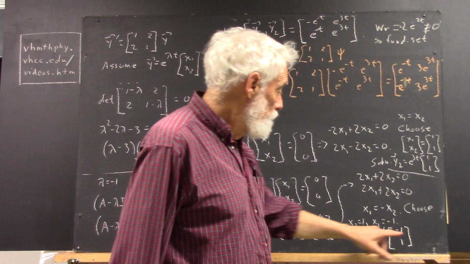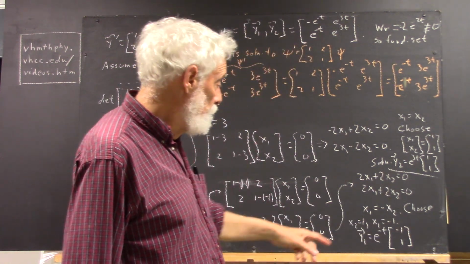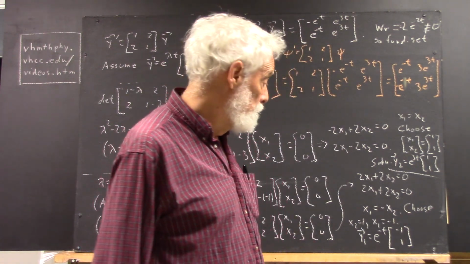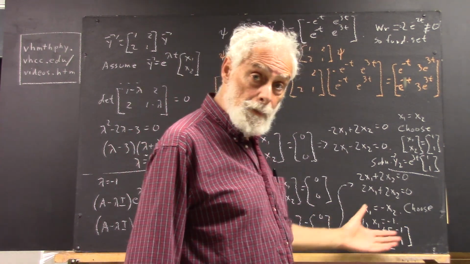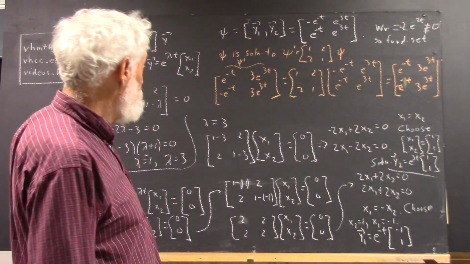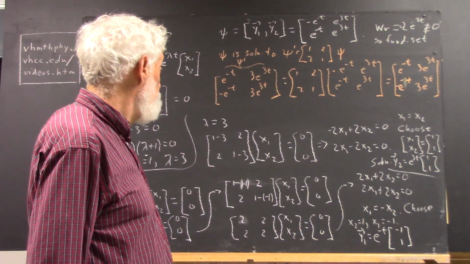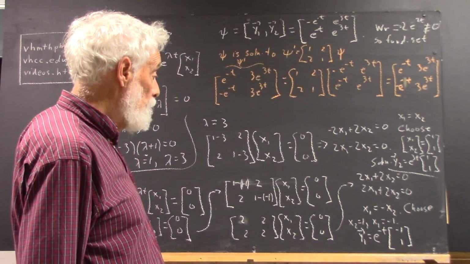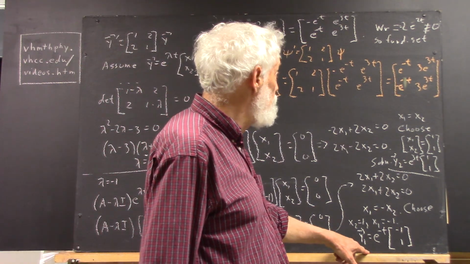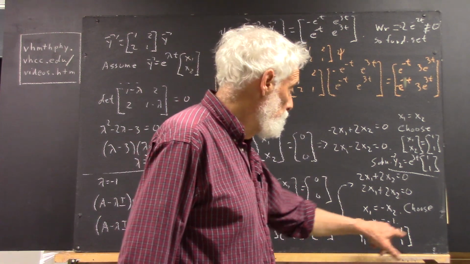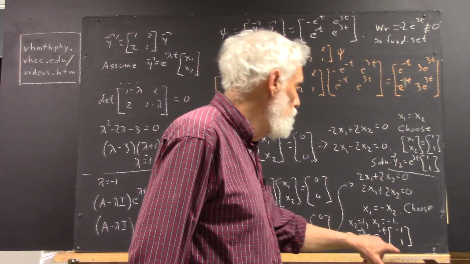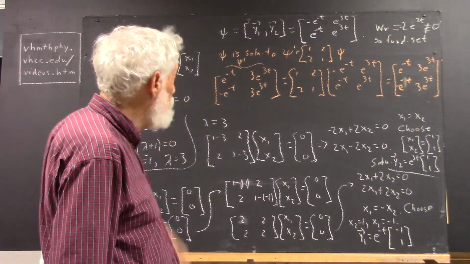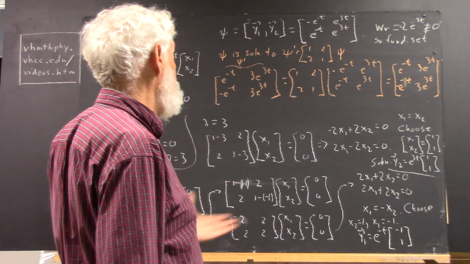So our basic solution that we're going to use is y1 equals e to the negative t times -1, 1. Now we can use any multiple of that, but that might be the simplest multiple we want to use. We multiply through, and we get negative e to the negative t and e to the negative t. And that's what I've written here. So that's one of our solutions.